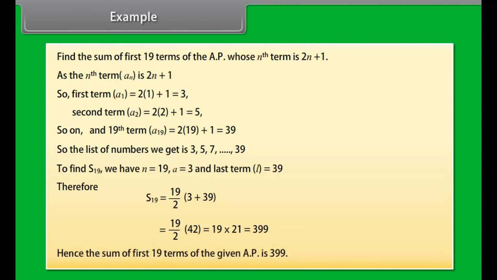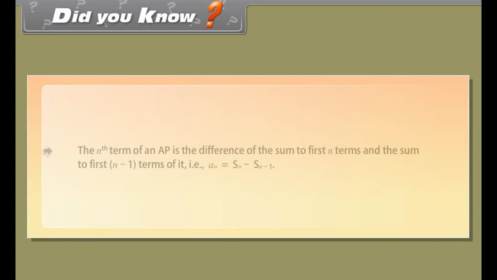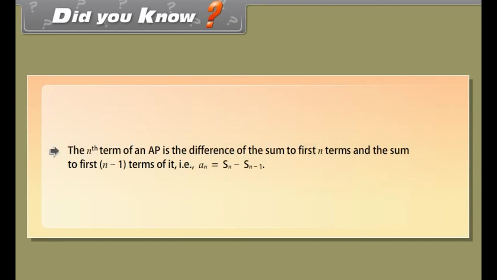Hence, the sum of first 19 terms of the given AP is 399. Did you know? The nth term of an AP is the difference of the sum of first n terms and the sum of first n minus 1 terms of it, that is, an is equal to Sn minus Sn minus 1.